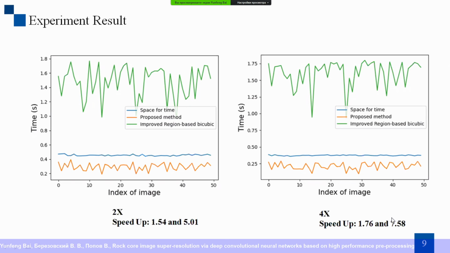So we can find our proposed method has a high performance.